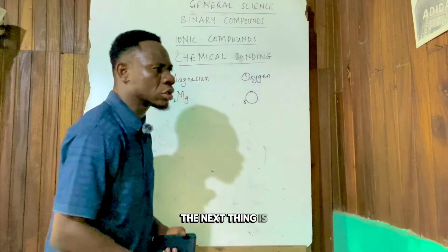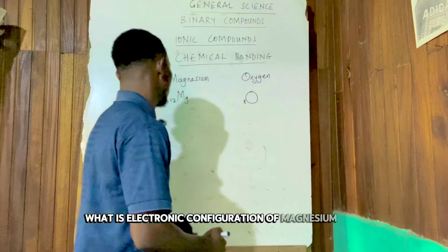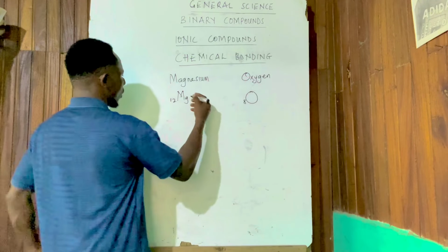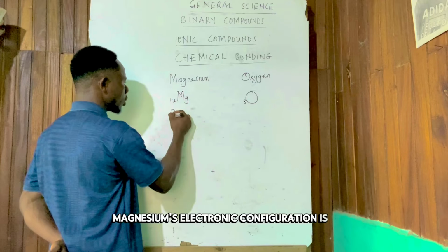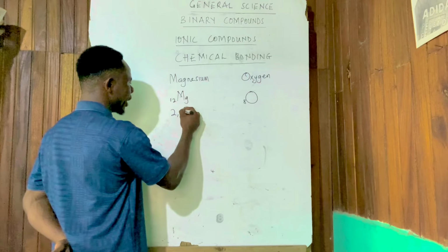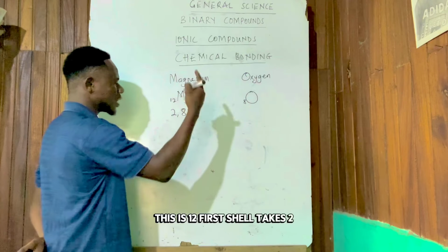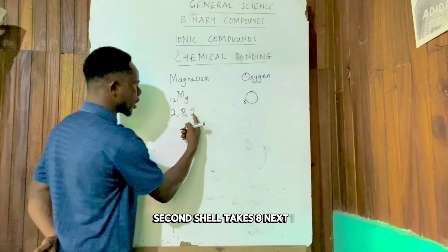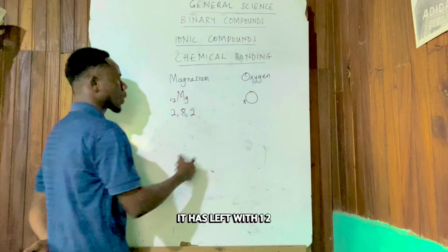The next thing is you have to know the electronic configuration of magnesium. Magnesium's electronic configuration is 2, 8, 2. This is 12: the first shell takes 2, the second shell takes 8, and the next one is left with 2. Next is oxygen.